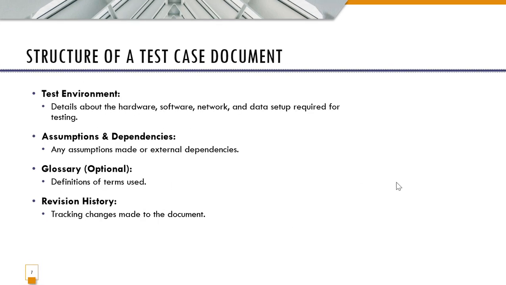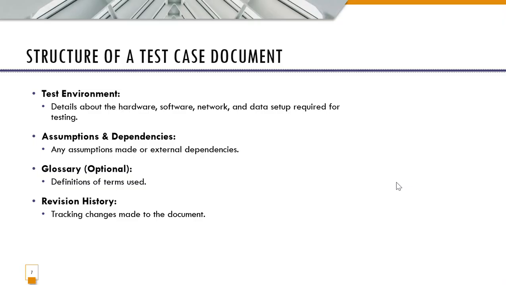Then the test environment. Whether you are testing in the SIT environment, UAT environment or regression, the hardware, network, details about the hardware and network, or the data setup required for testing, whatever you need to complete that test case, should be mentioned there. Then the assumptions and dependencies, any assumptions made for external dependencies.